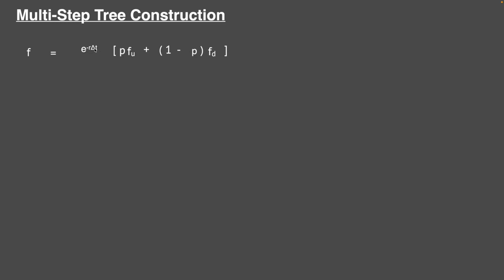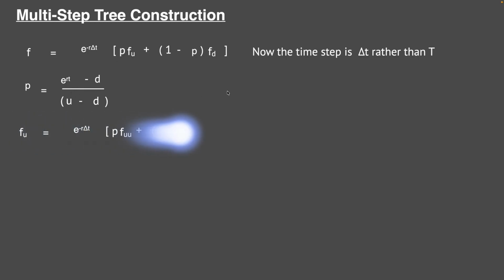That's why this has become delta T, into the probability of up move into FU, that is the option price after time step 1, FU, plus 1 minus p into FD, that is the option price after time step 1. Now we know that small p is equal to e to the power of r delta T minus D divided by U minus D. This is standard.